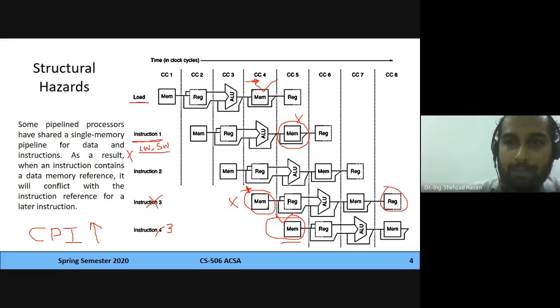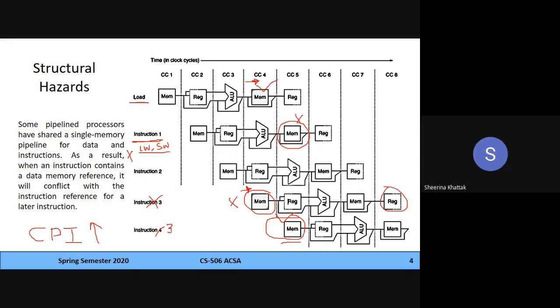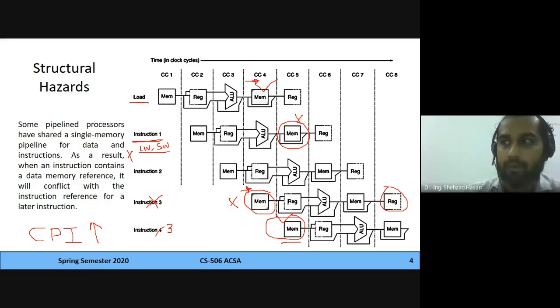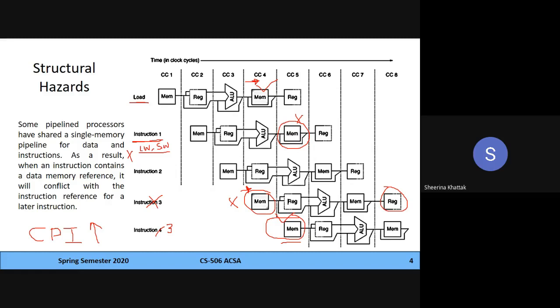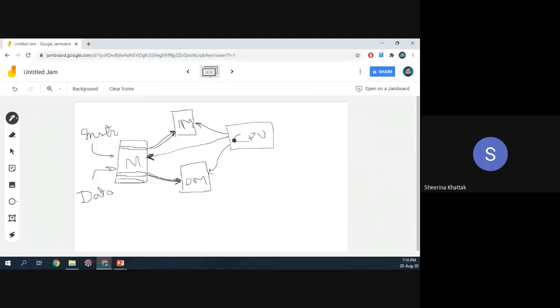If the instruction says to load a certain thing from memory, the instructions related to data will have a specific opcode. So if the CPU knows that opcode, it can direct it directly to the data memory.